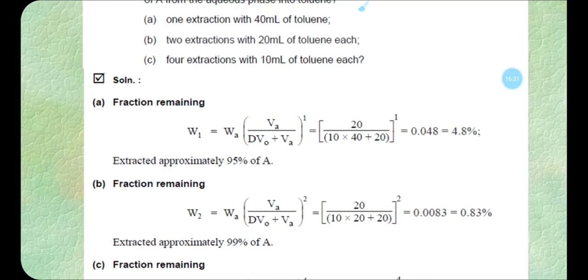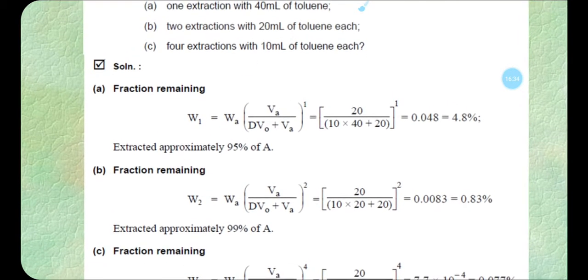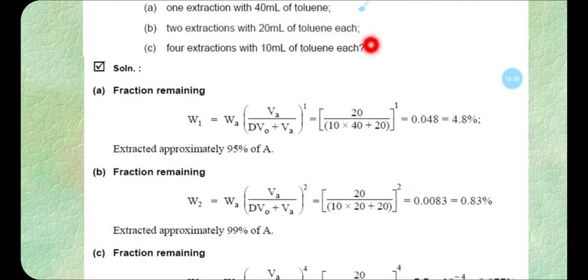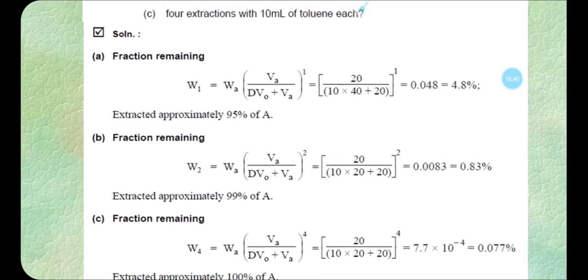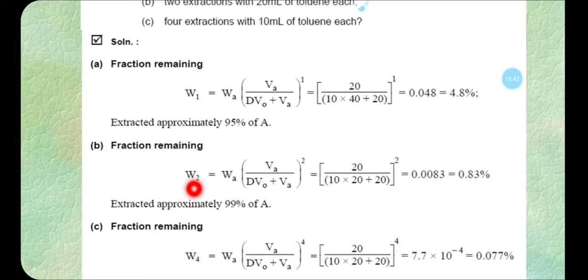Let us try the second option, that is 2 extractions with 20 ml of toluene. For the second possibility, the fraction of solute remaining unextracted uses the same formula. The volume of aqueous and D will be the same, only the volume of organic layer changes. Here first we took 40 ml, now we take 20 ml, but with 2 operations, so it is raised to 2.